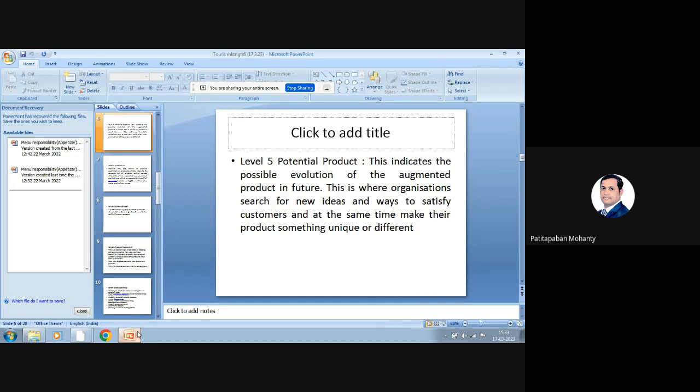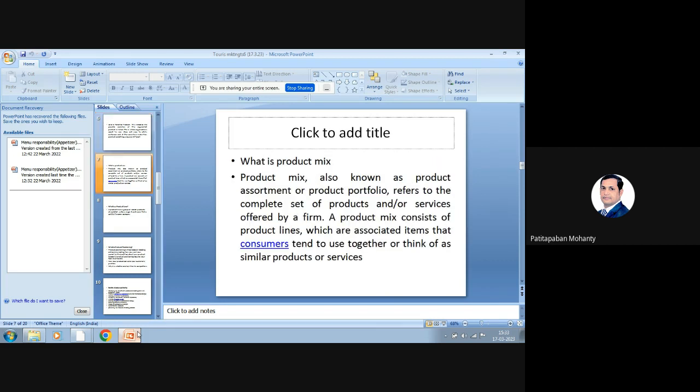So that's why during the product designing process, we need to understand the various product offerings, like level 5 potential product, level 4 augmented product, and level 3 expected product. Most of the tourists in the 21st century fall in these groups, from level 3 to level 5. Okay, so then we'll come to what is a product mix.